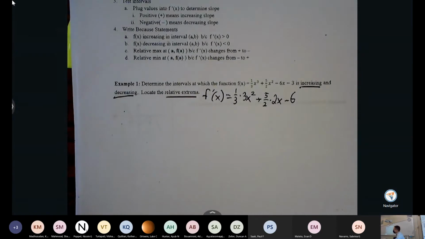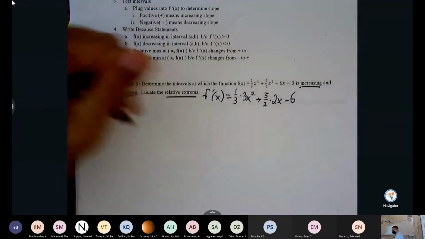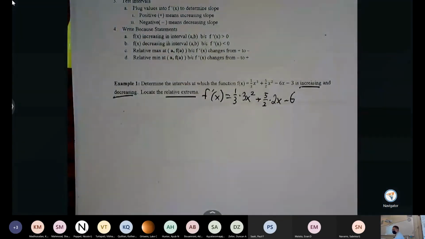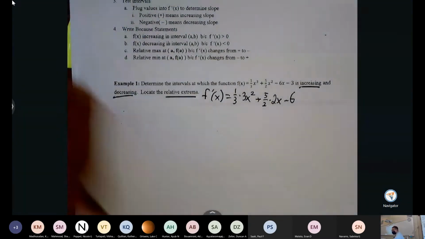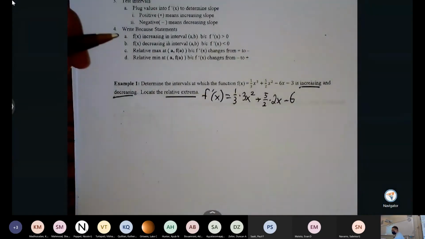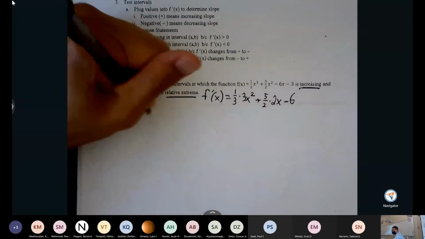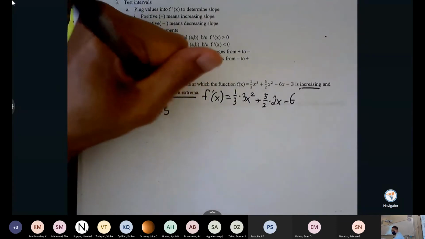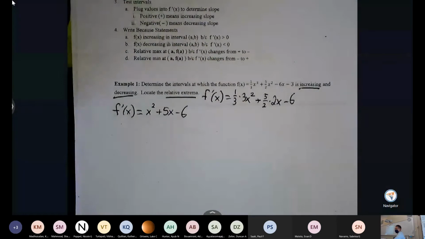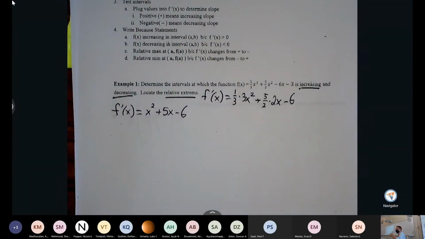We set the derivative equal to 0. Similar to EVT, similar to particle motion. It's like setting velocity equal to 0, right? That's always the first step if we're going to be creating a derivative sign line. So f prime, let me clean this up here. When we find slope 0, it's going to help anchor our sign line a bit, and we're going to have some critical points to work with, and we know where our boundaries are for our increase and decrease.